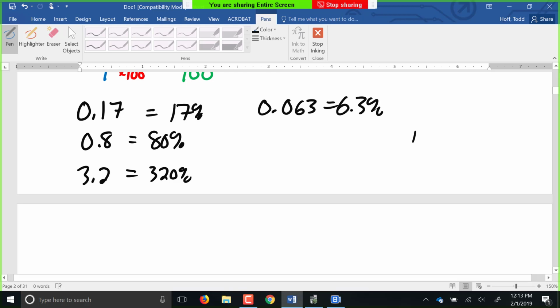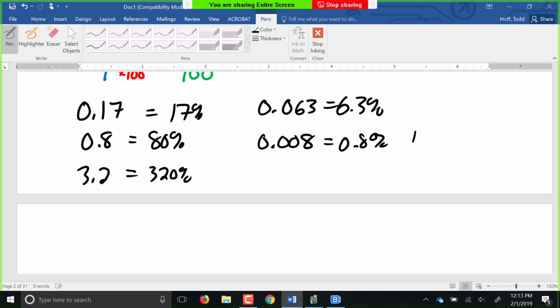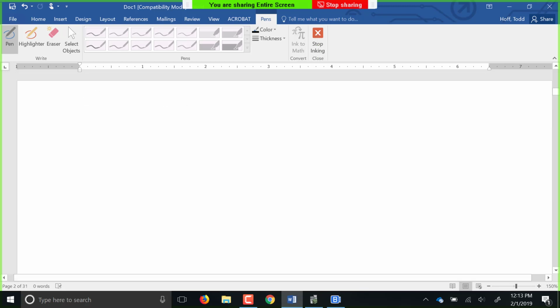There we go. 0.008 as a decimal becomes 0.8%. Perfect. Last step in our converting is to go from a fraction back into a percent.